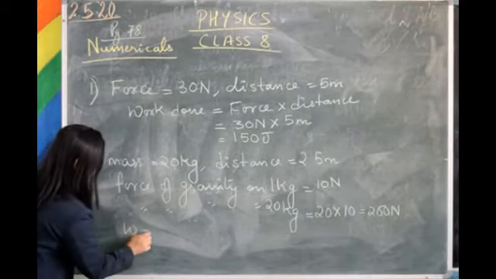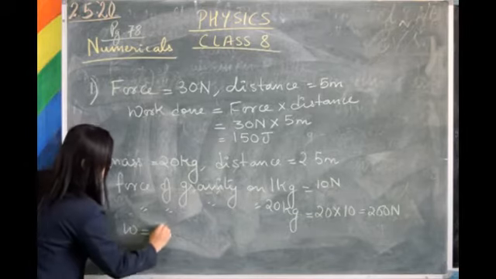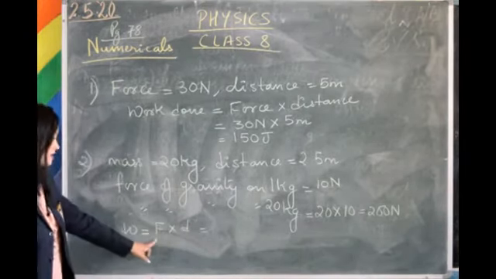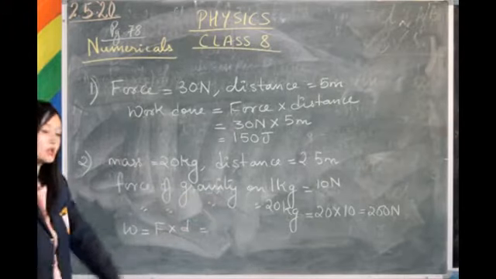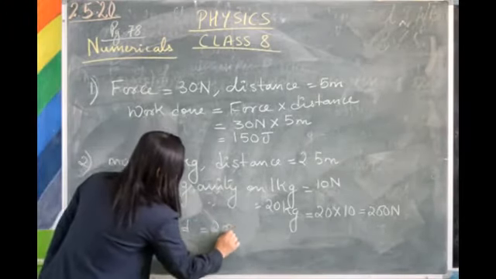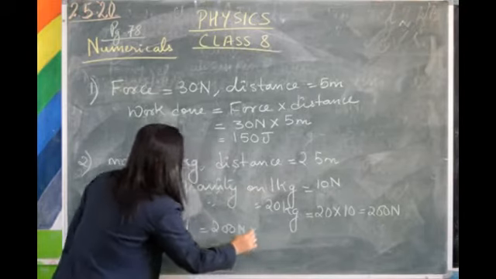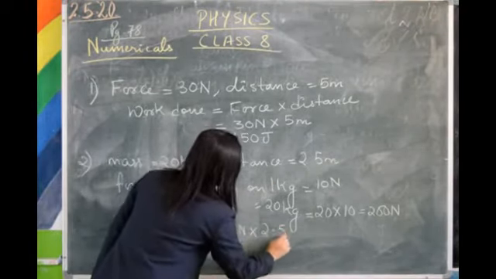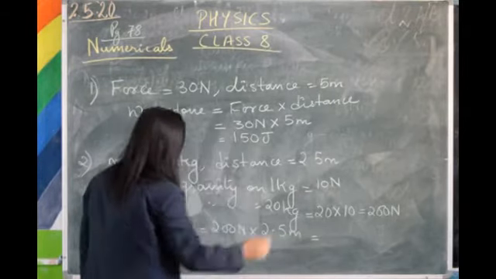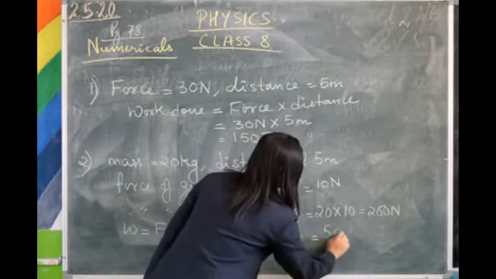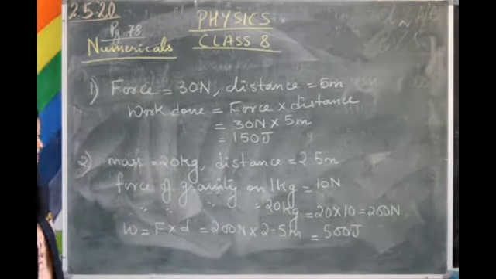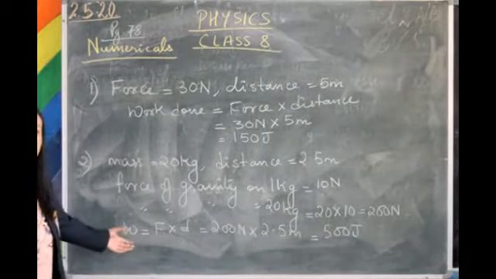So what is the formula for work done? Force into distance. And what is the force on 20 kg? 200 Newton. What is the distance covered? 2.5 meter, which is equivalent to, when you multiply them, you get 500 joule. Okay, so this is your work done.